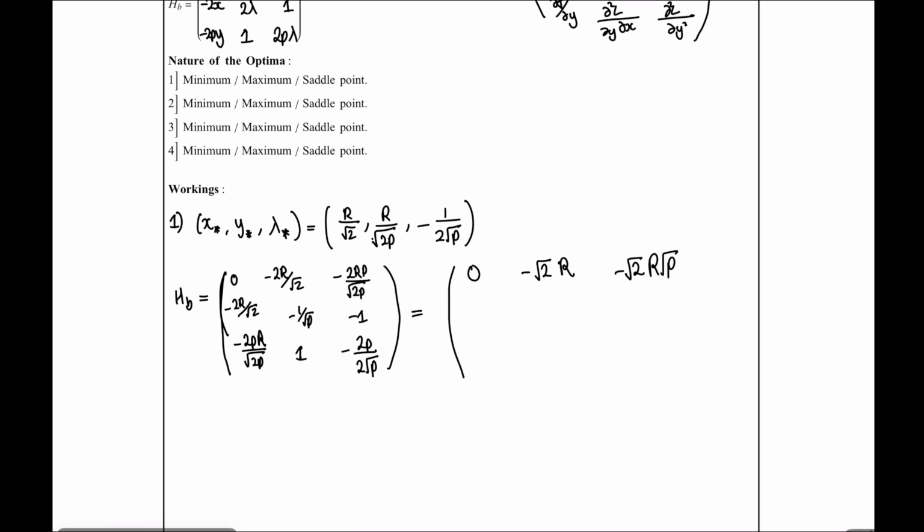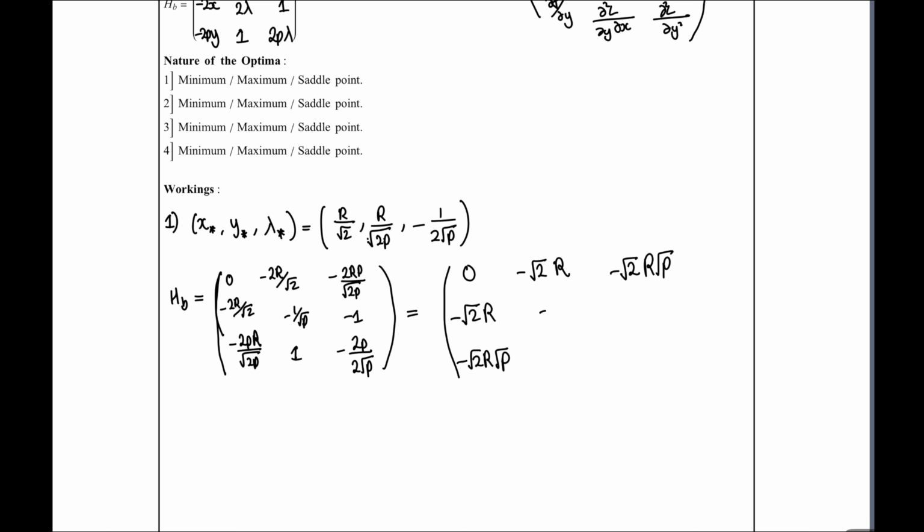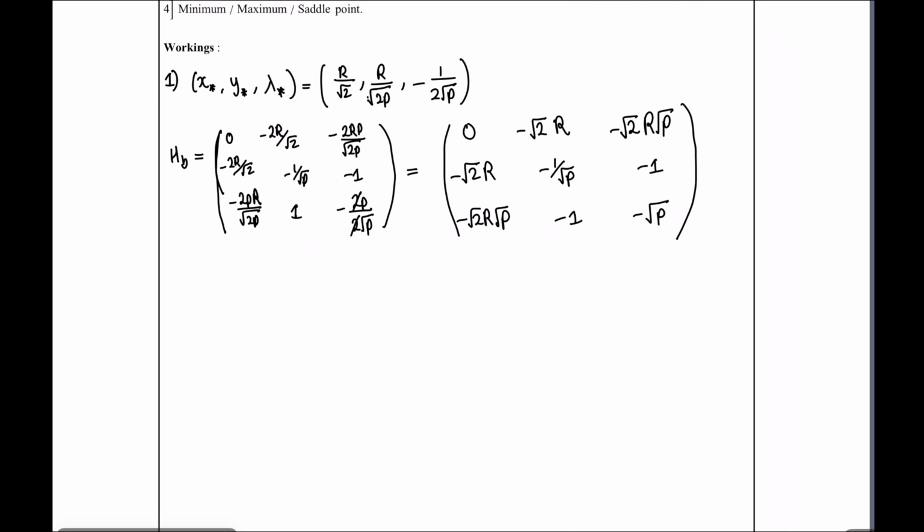Simplifying this, 2 over root 2 is just root 2, so we get minus root 2r, and again we get this, so minus root 2r root p. We can't do anything to minus 1 over root p, and minus 1, and then minus 1, and minus 2p over 2 root p, the 2's cancel out, and then p over root p is just minus root p. So that would be this Hessian simplified.